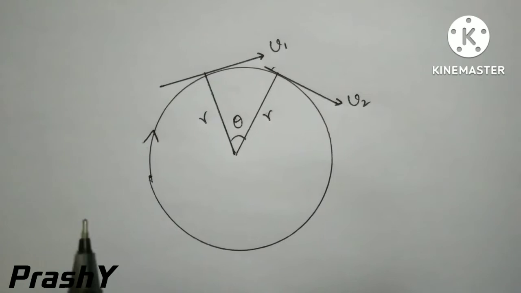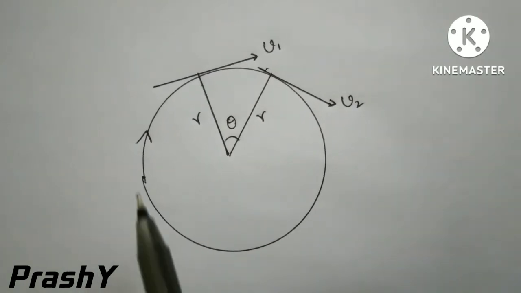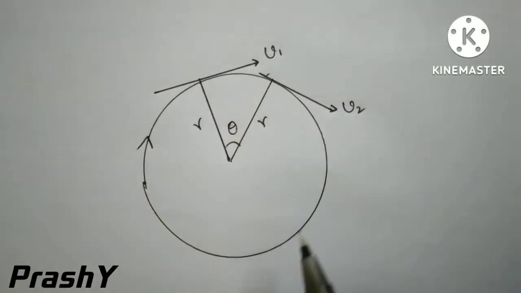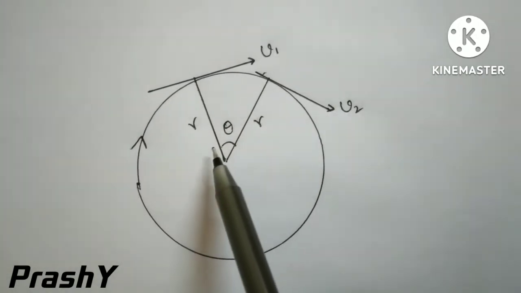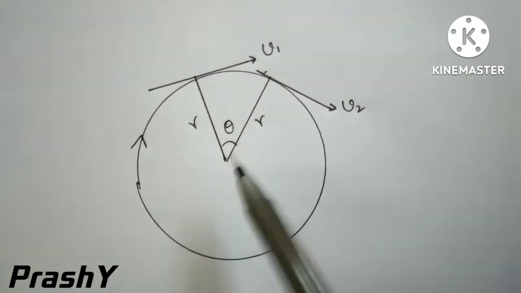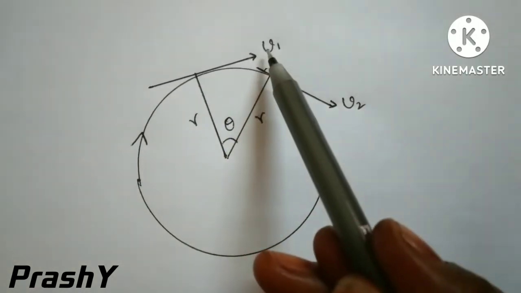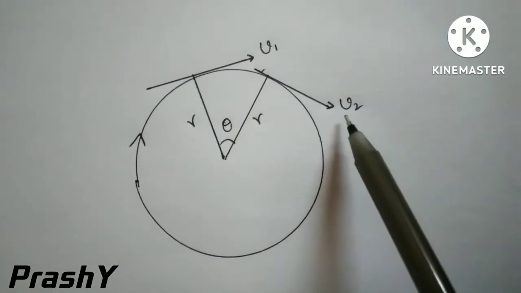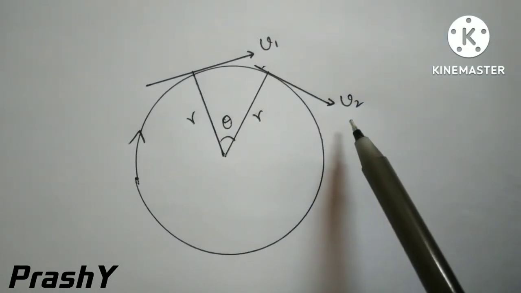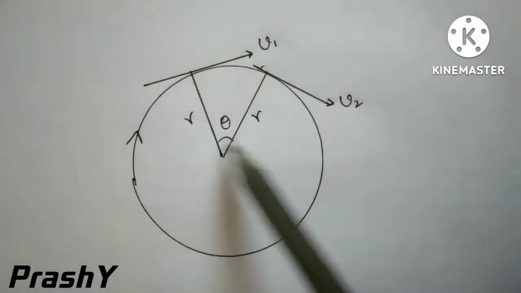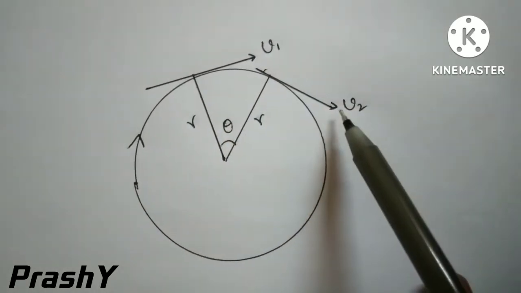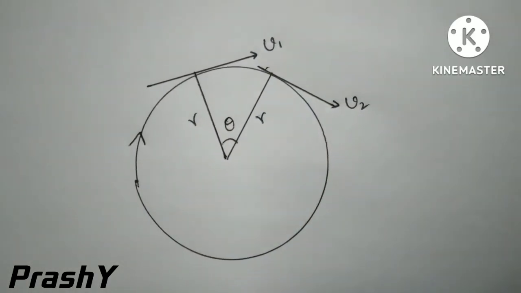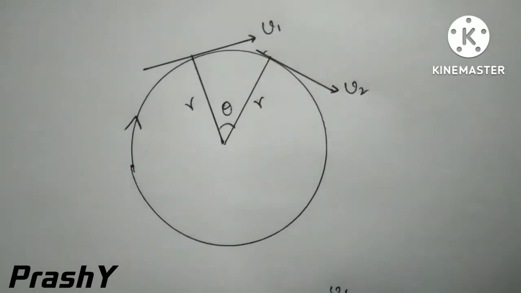Let us derive an expression for centripetal acceleration. Consider an object moving in a circular path of radius r with an angular displacement of theta. Let the velocity at this position be v1 and the velocity at this position be v2. Now, let us draw a vector triangle involving v1 and v2. So, this is v1 and v2.